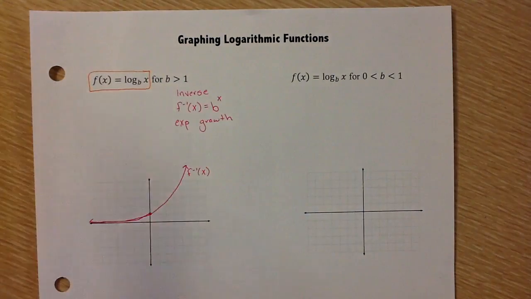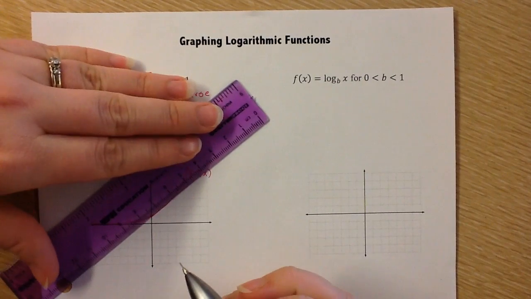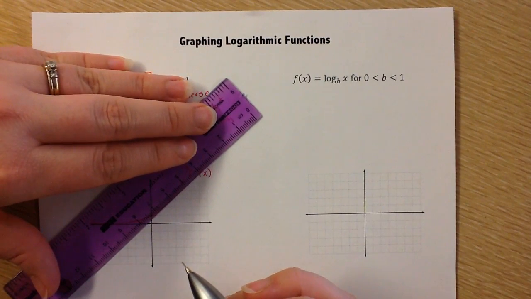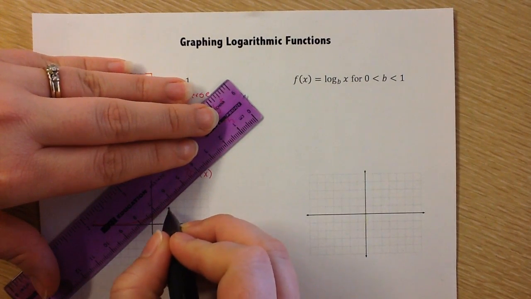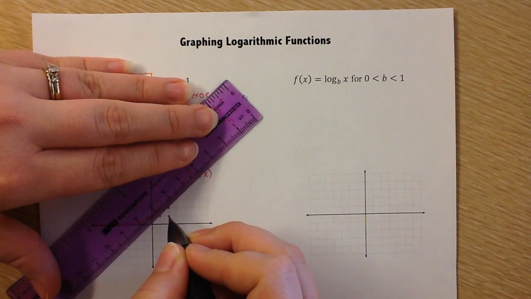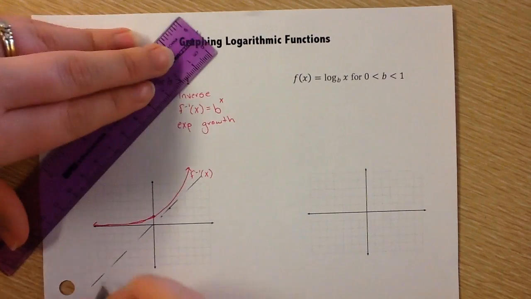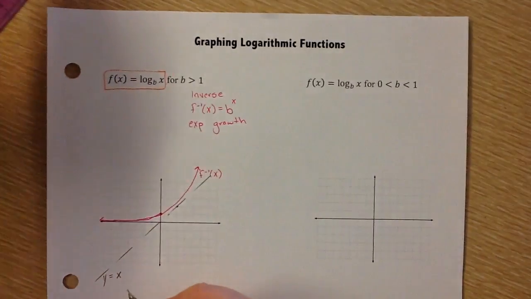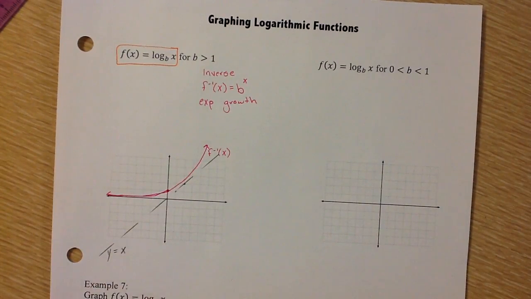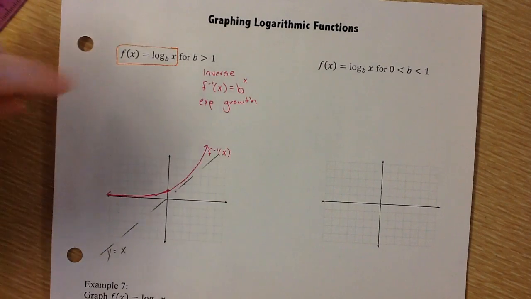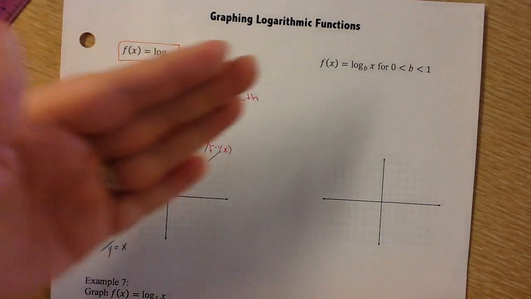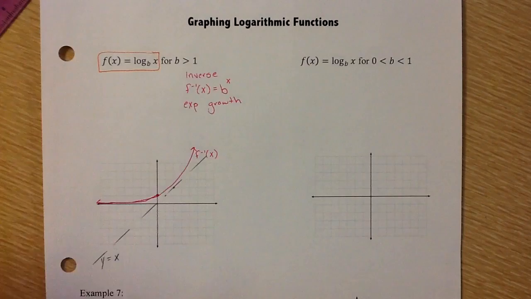But we know from a while ago that inverses have some symmetry. If I graph the line y equals x, this function is going to be reflected over that line.